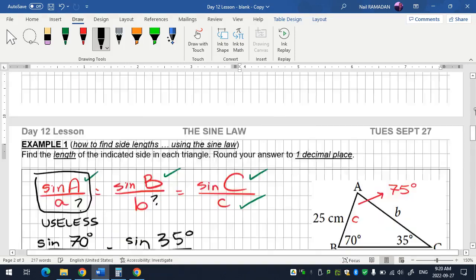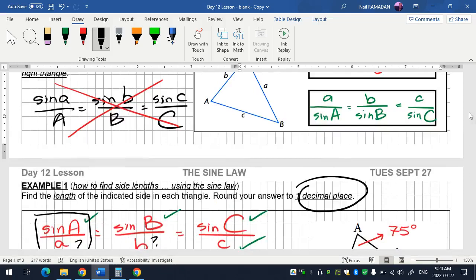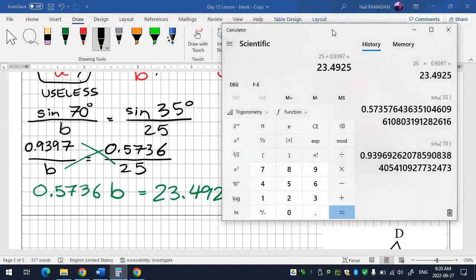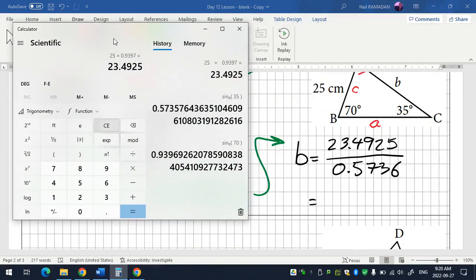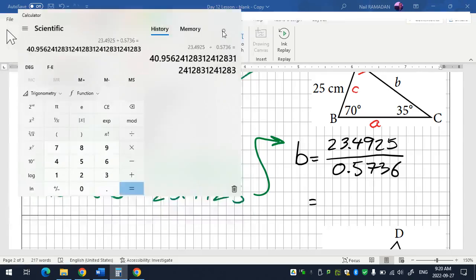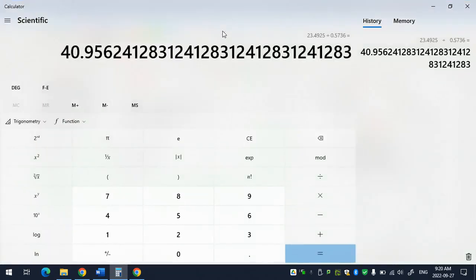Let me just check. Rounding is one decimal place. Okay, that's fine. Let's see. What do we have here? 23.4925 divided by 0.5736. What is this to one decimal?